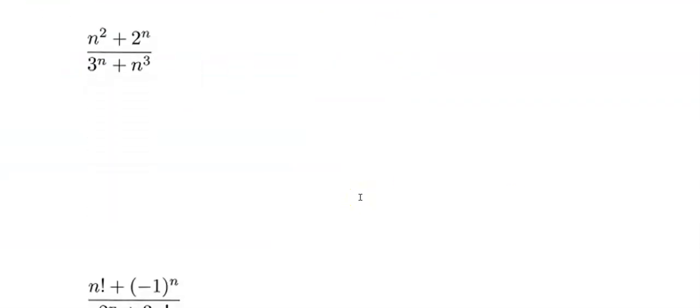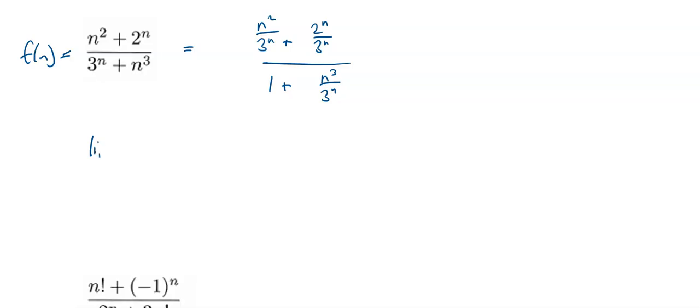Moving down, this one is a little bit saucier. So we're going to be dividing by 3 to the power of n here. So n squared over 3 to the n plus 2 to the n over 3 to the n over 1 plus n cubed over 3 to the n.